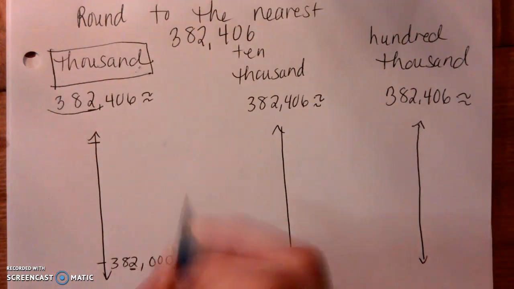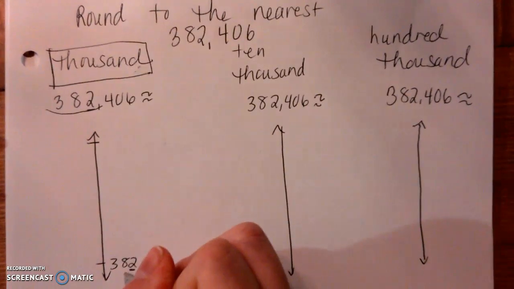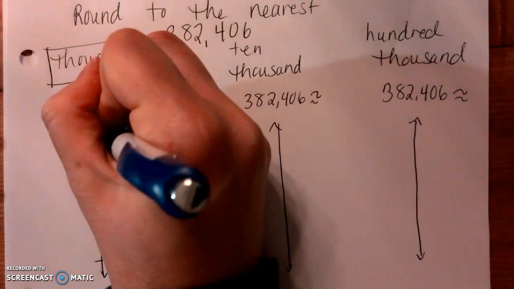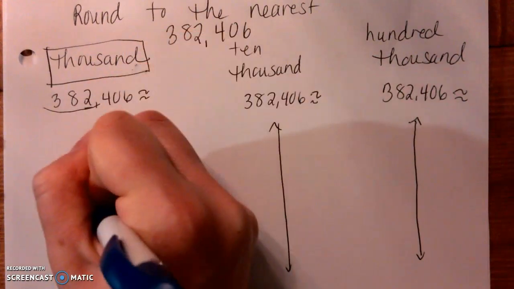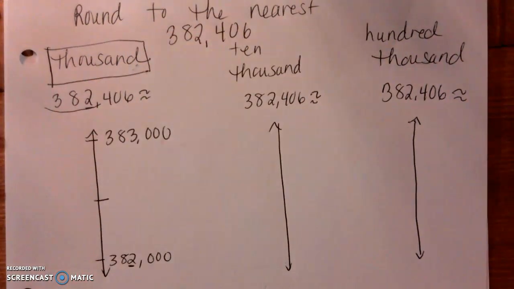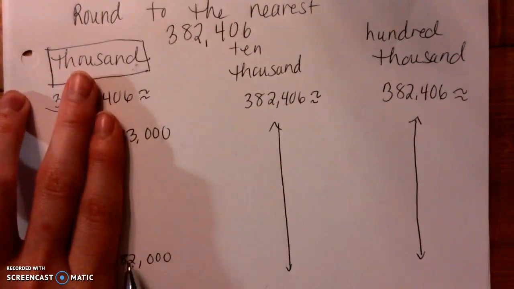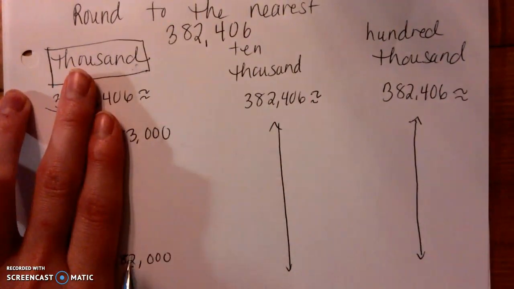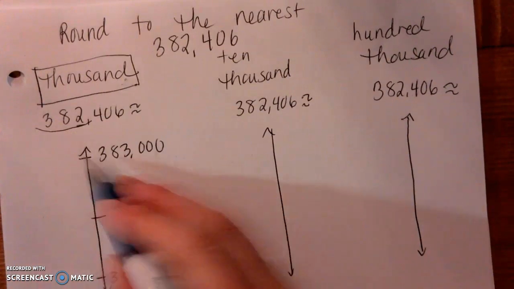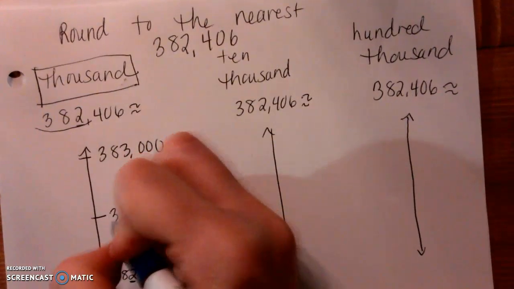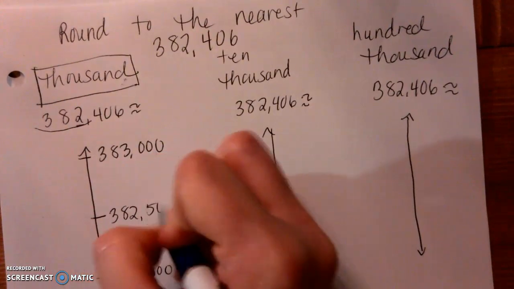Then I need to ask myself, what is 1,000 more? And I know the only place it's going to increase is my thousands place. So 383,000. Then I need to find my midpoint. I can kind of look at between 2,000 and 3,000 will be 2,500. So between 382,000 and 383,000 will be 382,500.